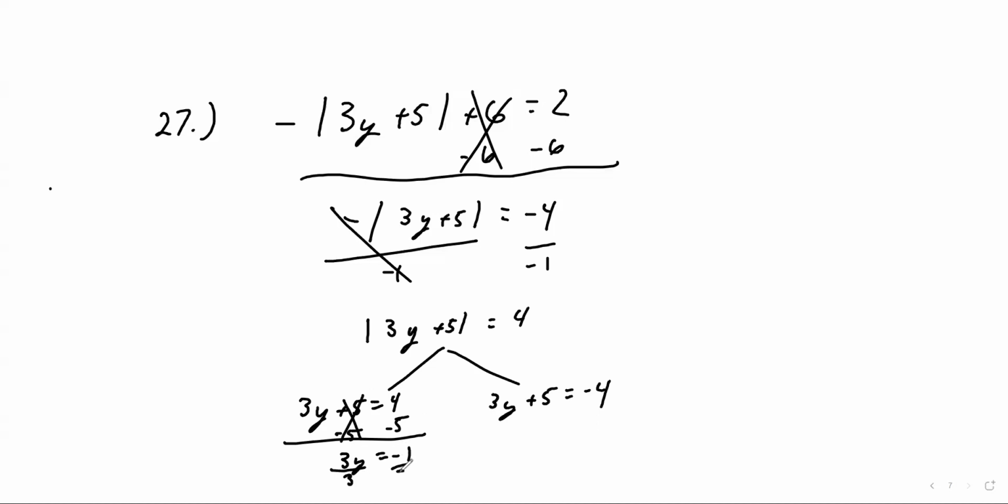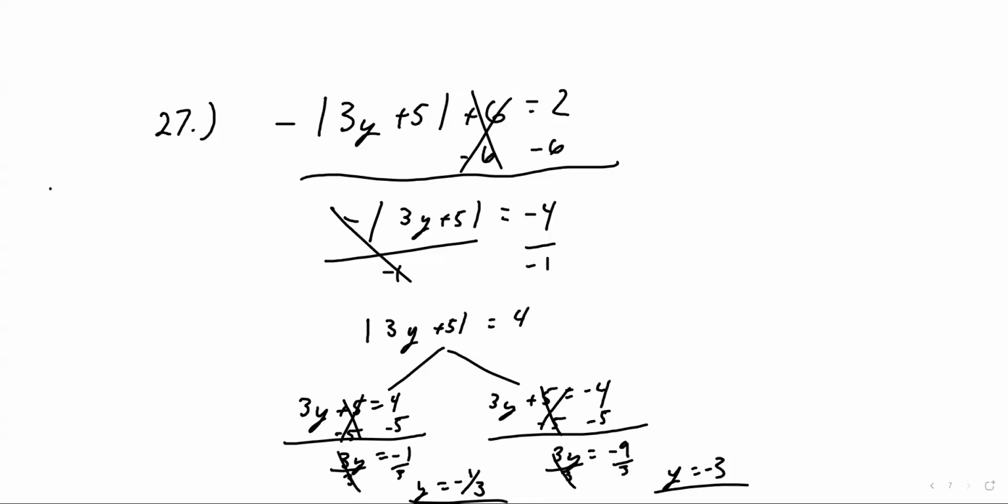And then divide by 3. So I get y equals -1/3. Same concept over here. Subtract 5. -4 minus 5 is -9. Divide that by 3. And I get y equals -3. So you have -1/3 and -3 as your final answer.